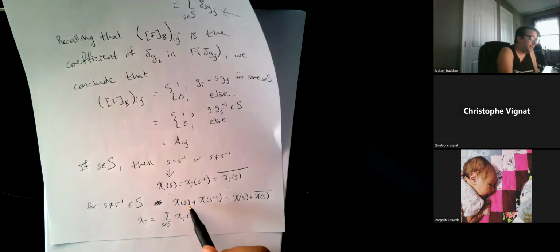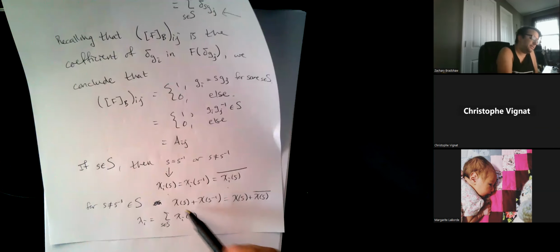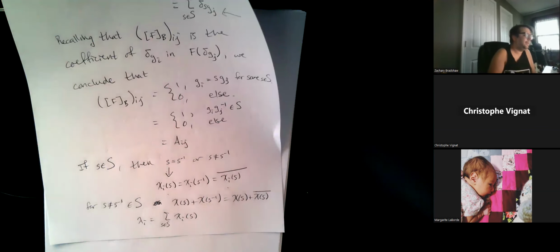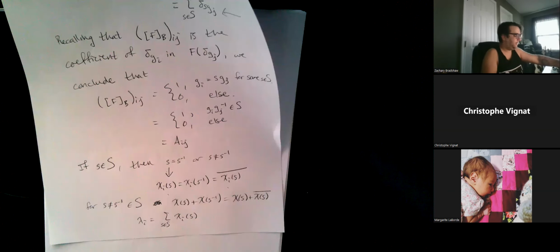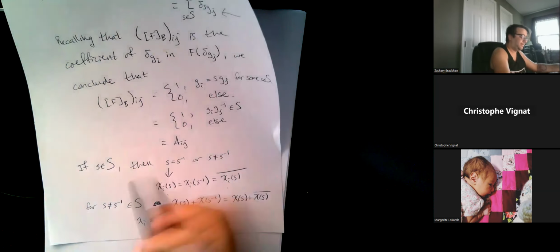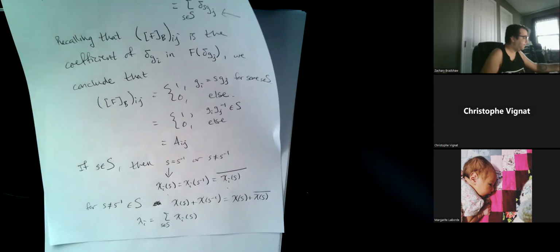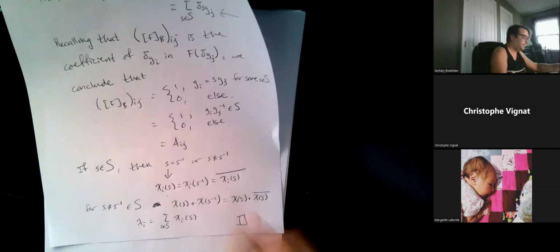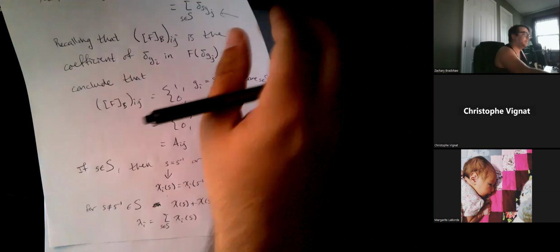So remember the definition of the symmetric subset assumed that if s was in S, then the inverse was also contained in that symmetric subset. So for every s in here, you do have the pair. Unless, of course, s is equal to s inverse, in which case it's real anyway. All right. Anyway, so the point is that this whole thing is real, and that's the end of the proof.